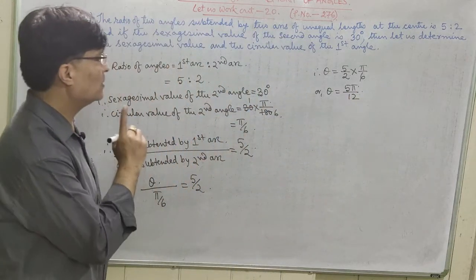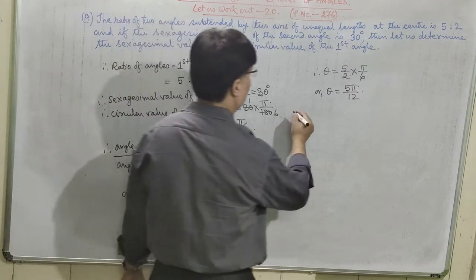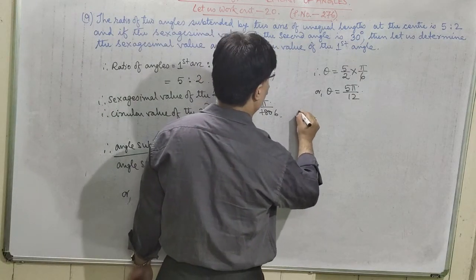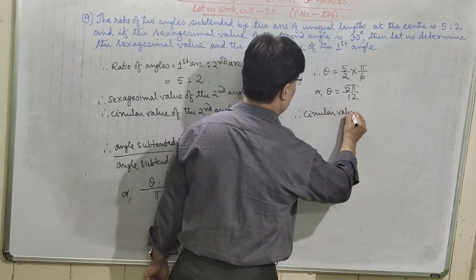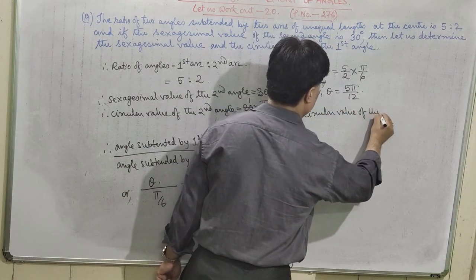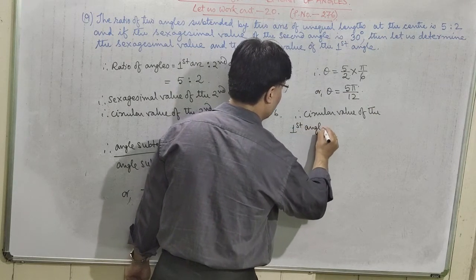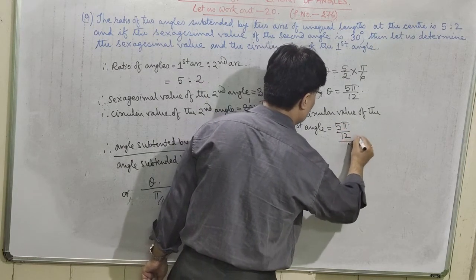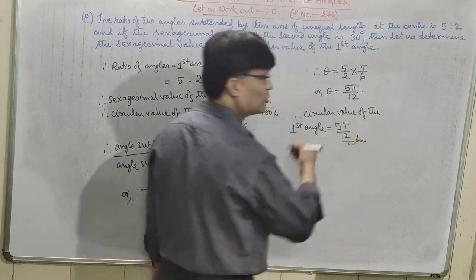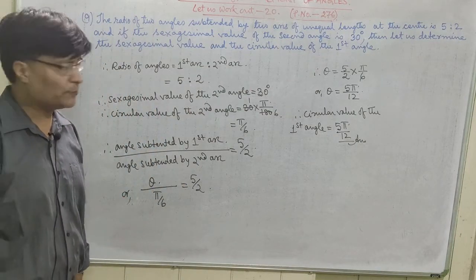This is the first angle in terms of circular value. Therefore, the circular value of the first angle is 5 pi by 12. You may write 5 pi c by 12 also, that is in terms of radian, or you may just write 5 pi by 12 also.